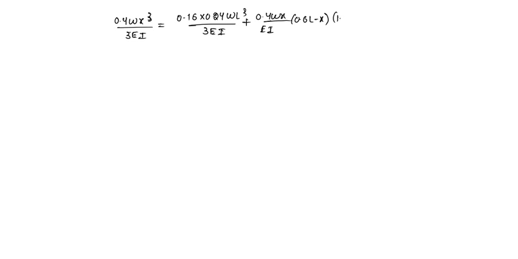Let us simplify this. 0.4 W x cube by 3 EI is on the left span, which will be equal to 0.16 into 0.24 WL cube by 3 EI plus 0.4 Wx by EI into 0.6 L minus x into 1.4 L minus x by 2 plus 0.6 L minus x by 2 into 0.24 L minus 0.4 x into W by EI into 1.8 L minus x by 3.